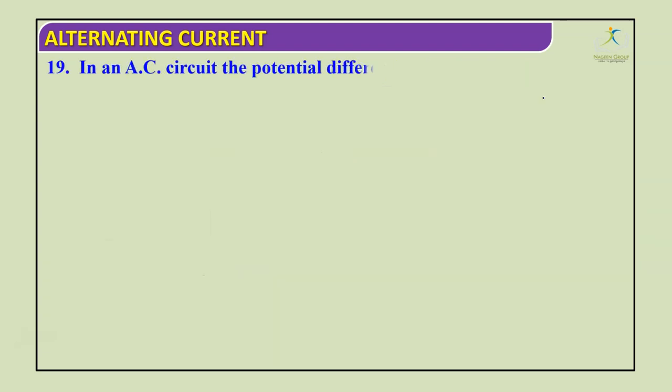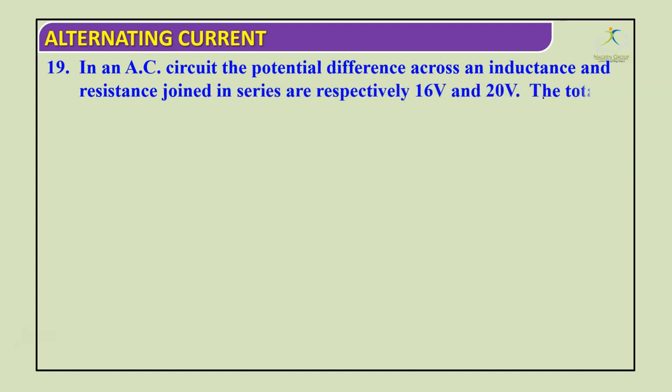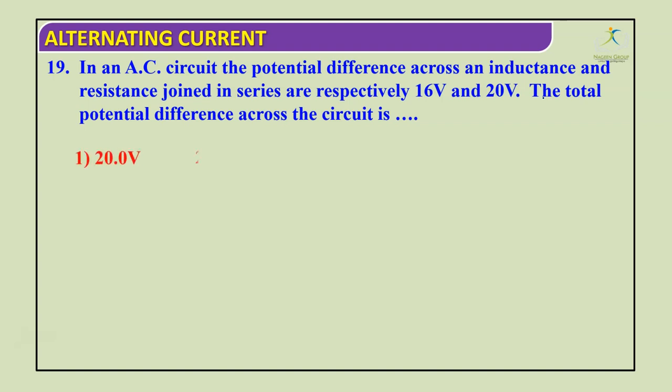Next question we have. In an AC circuit, the potential differences across an inductance and a resistance joined in series are respectively 16 volt and 20 volt. The total potential difference across the circuit is: 20 volt, 25.6 volt, 31.9 volt, 53.5 volt.